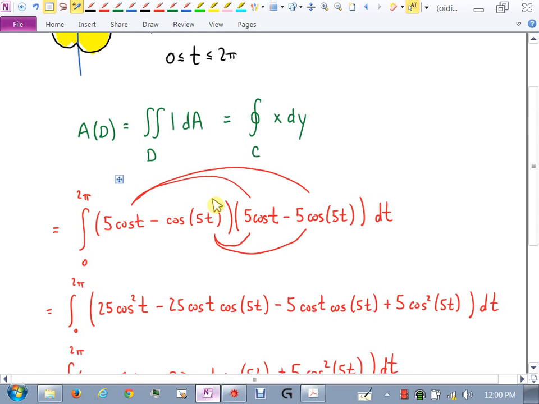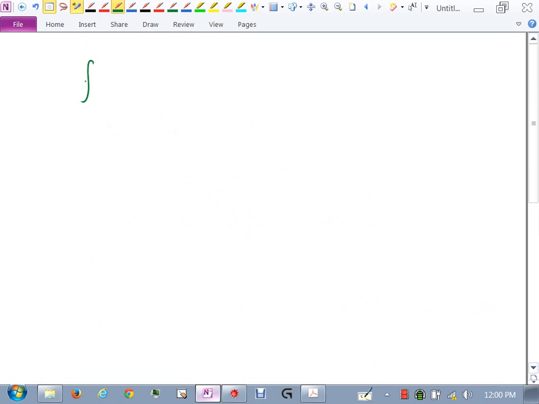What would the integral look like if we had done the line integral over C of negative y dx instead? Negative y for us would have been, changing the y, negative 5 sine t plus sine 5t.